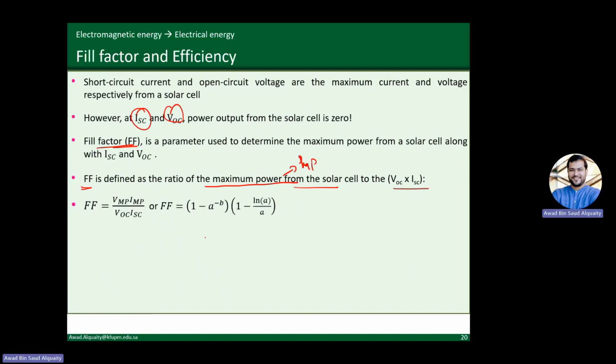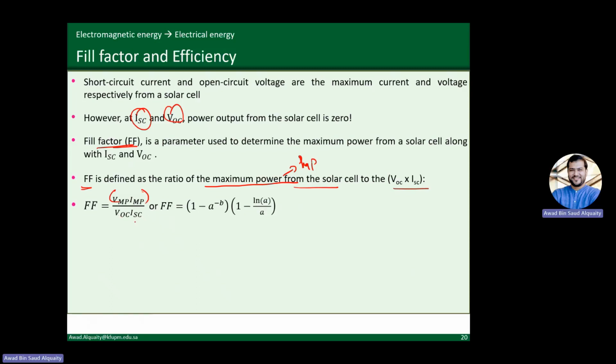So we do not have any power at VOC or ISC, but the idea of the fill factor is to sort of relate the maximum power we get to the maximum possible theoretical power you could get if the cell was operating simultaneously at VOC and ISC, which it cannot operate by definition, right?